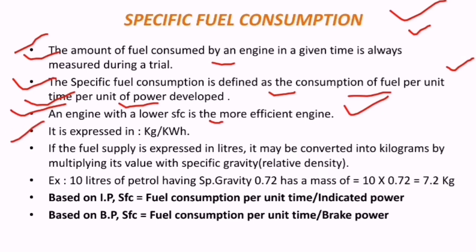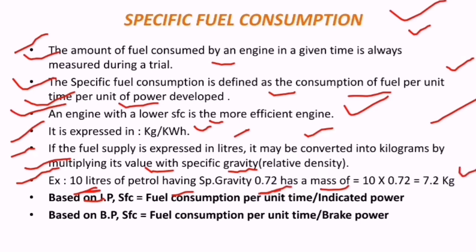It is expressed in kg per kilowatt hour. If the fuel supply is expressed in liters, it may be converted into kilograms by multiplying its value with the specific gravity. Example: if 10 liters of petrol has a specific gravity of 0.72, we need to convert these 10 liters into kilograms. 10 into 0.72 becomes 7.2 kg.